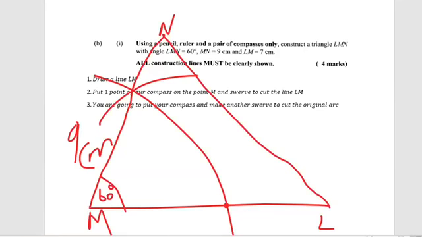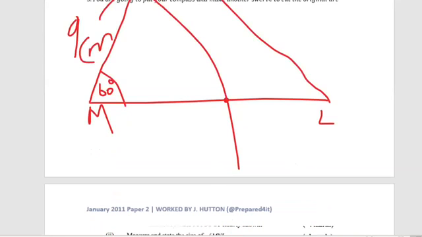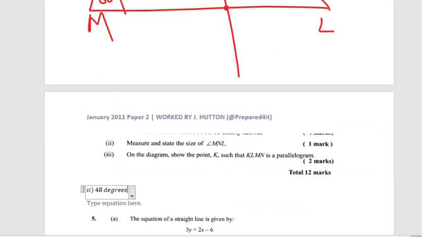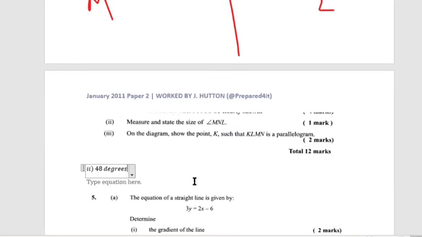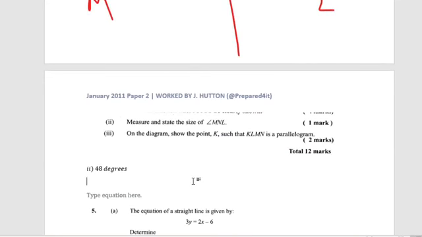Is it 72? That is correct, Jamila. 72 degrees. So for those who don't know, the total degrees in a triangle is equal to 180.